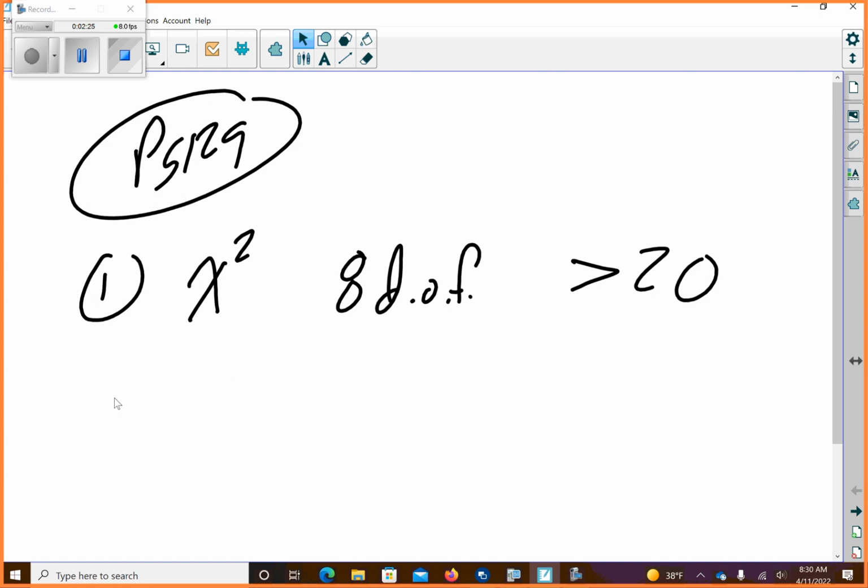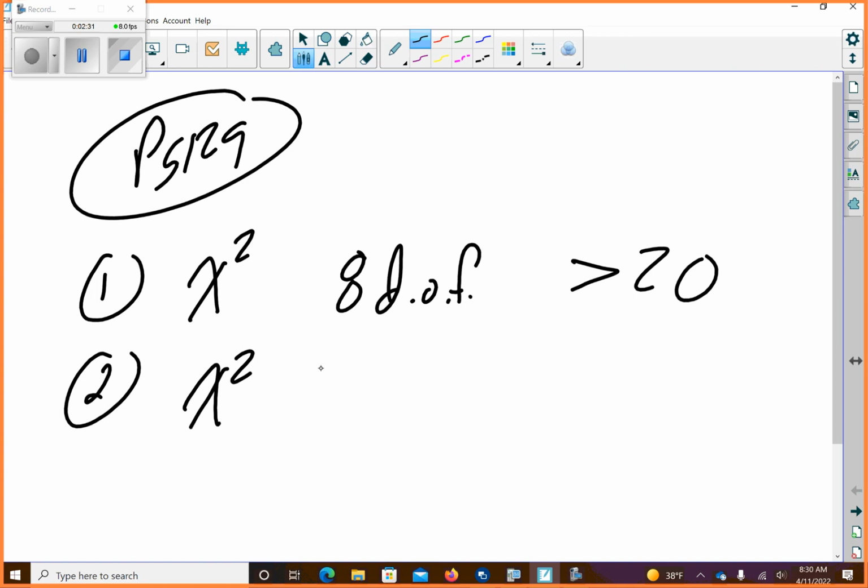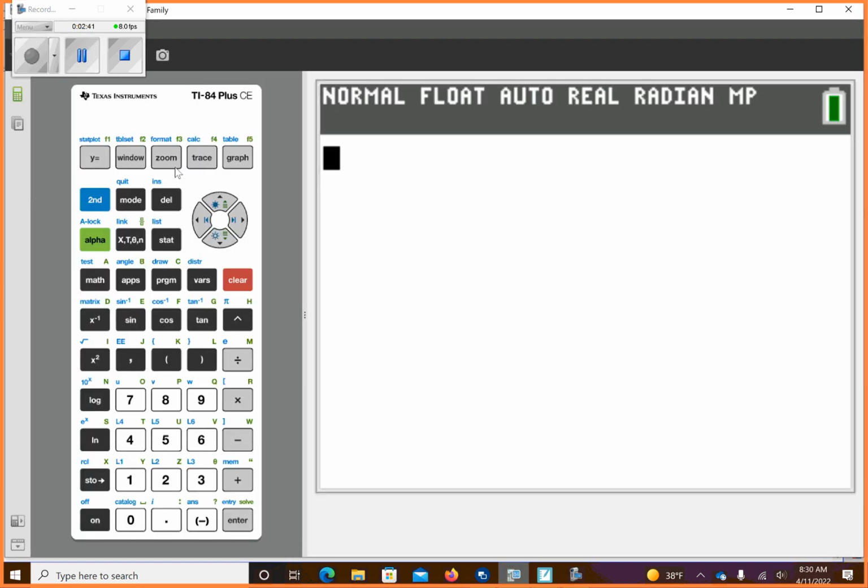All right, problem number 2. Find the chi-squared with 15 degrees of freedom, greater than 20 as well. It's going to be done relatively the same way on the calculator.